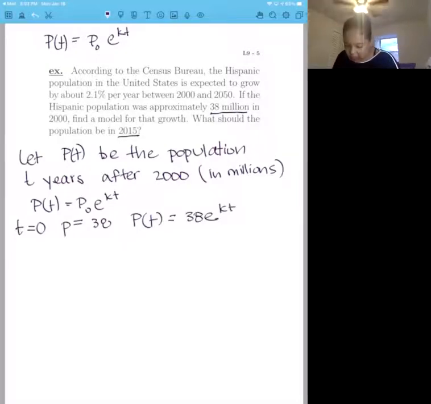Now, when t equals 1, my population is 38 million plus an additional 2.1%, right?